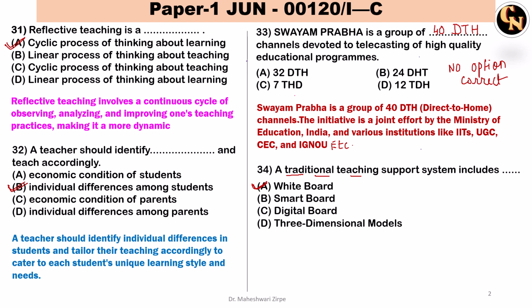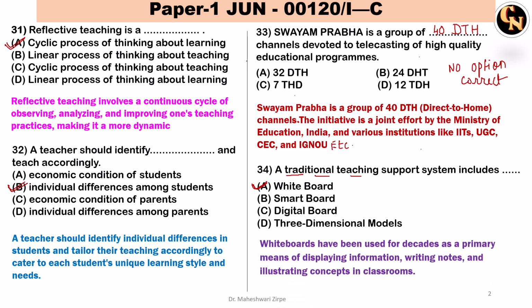Smart boards, digital boards, and three-dimensional models are used nowadays, which is called ICT-based teaching and learning. Whiteboards have been used for decades as a primary means for displaying information, like writing notes and illustrating concepts in the classroom. So the correct option is A, whiteboard.